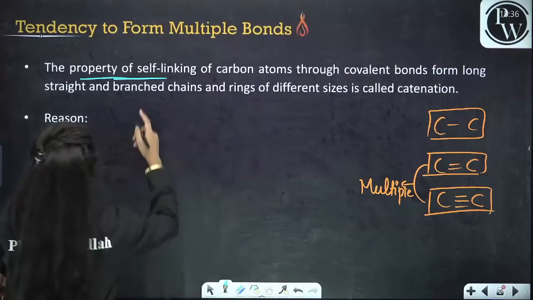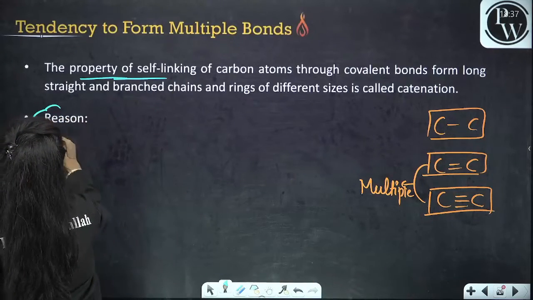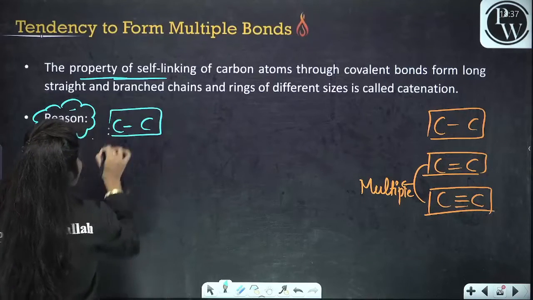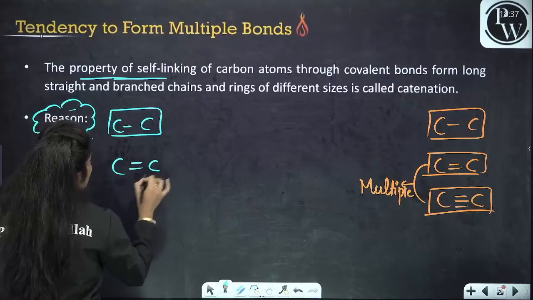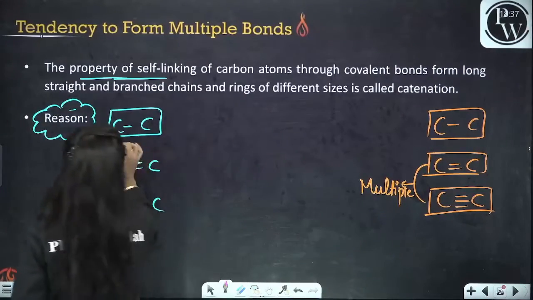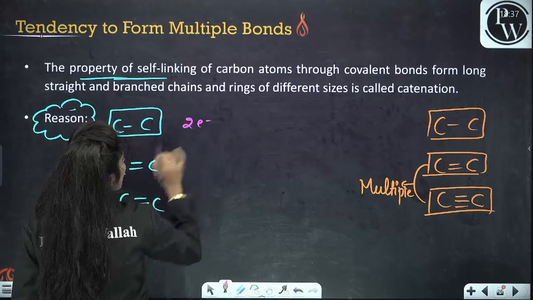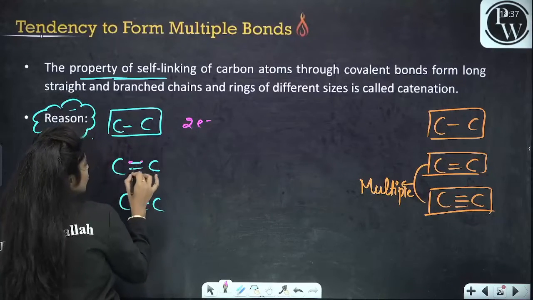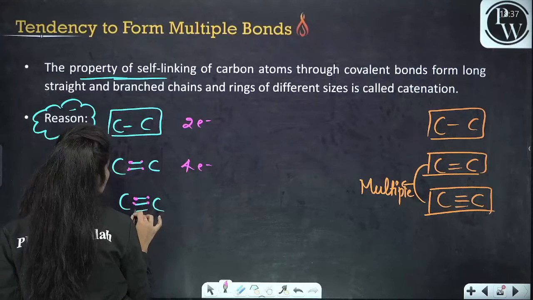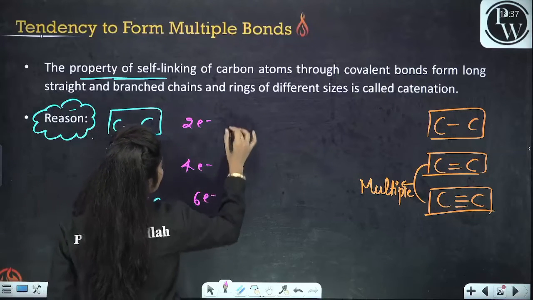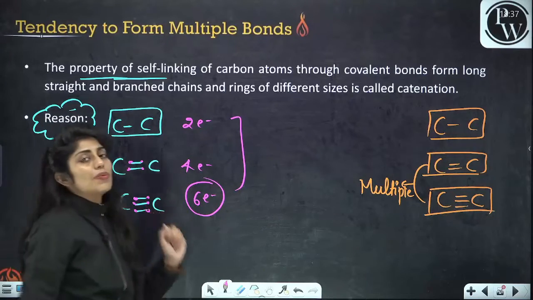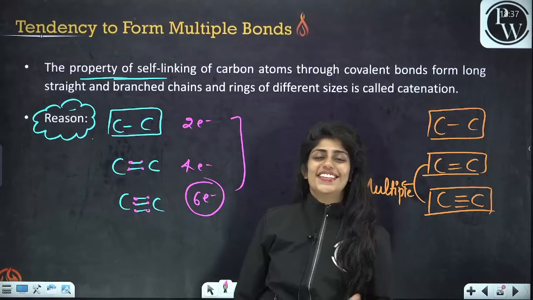Now, what about multiple bonds? Carbon forms carbon-carbon single bond, carbon-carbon double bond, carbon-carbon triple bond. In the carbon-carbon single bond, sharing of 2 electrons occurs, then sharing of 4 electrons, and sharing of 6 electrons. This is the maximum number of electrons one carbon can share with another carbon.